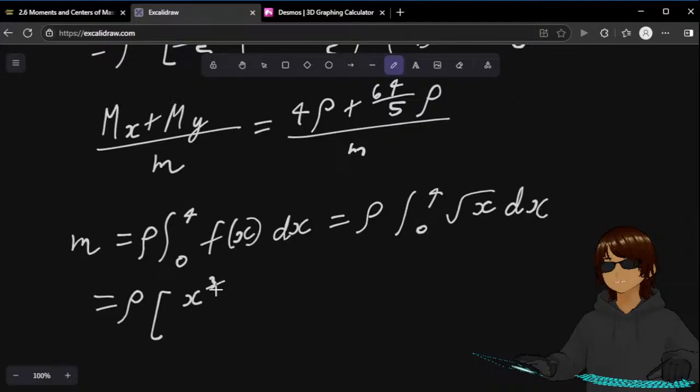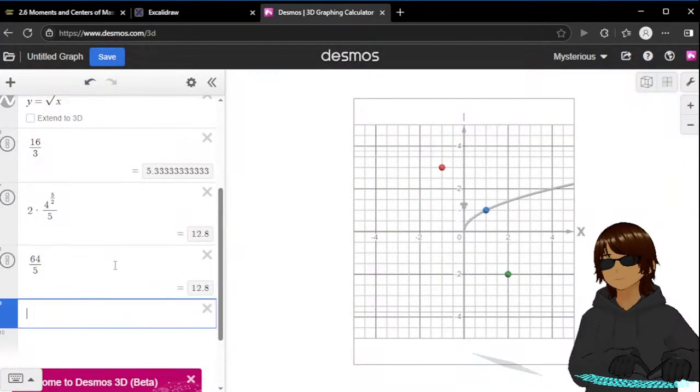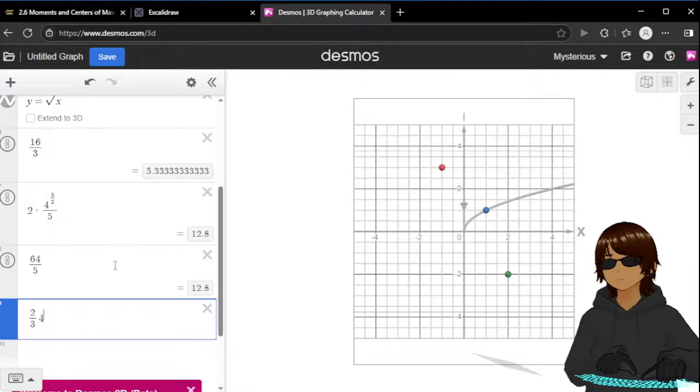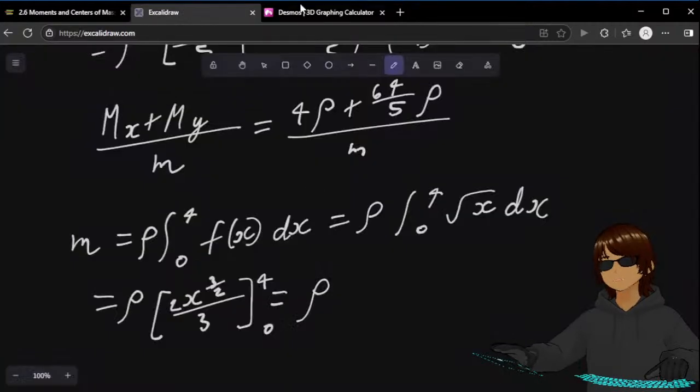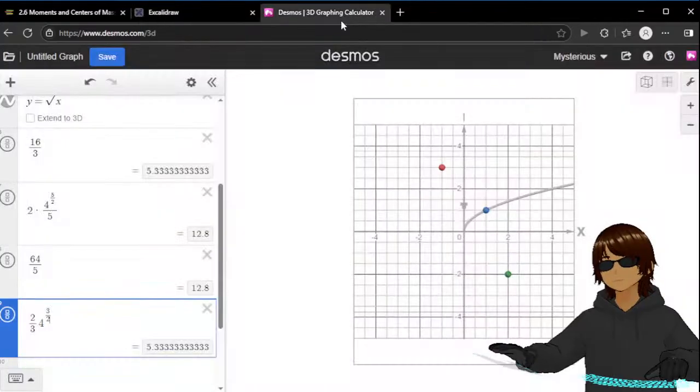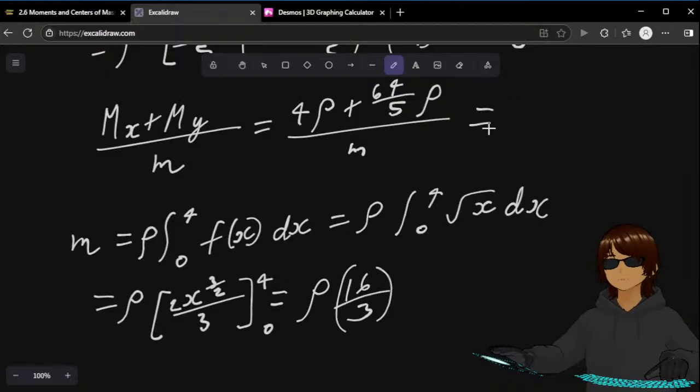So half becomes 3/2 divided by 2/3, or 2/3. Yeah, this is the 16/3 mass. So this is equal to, this rho will cancel out.